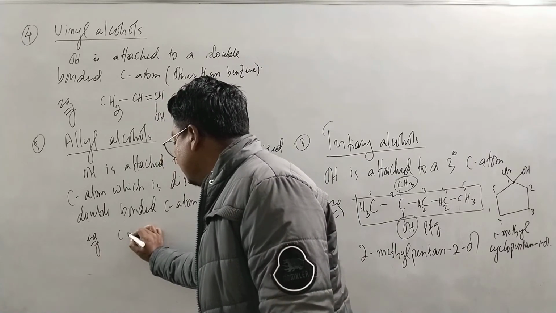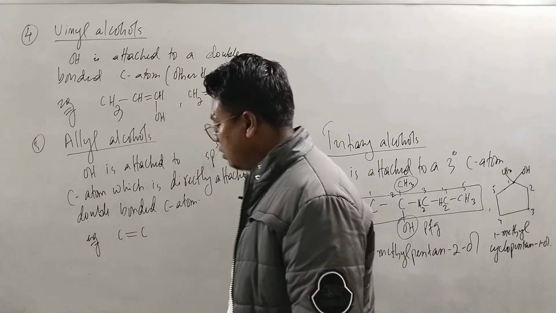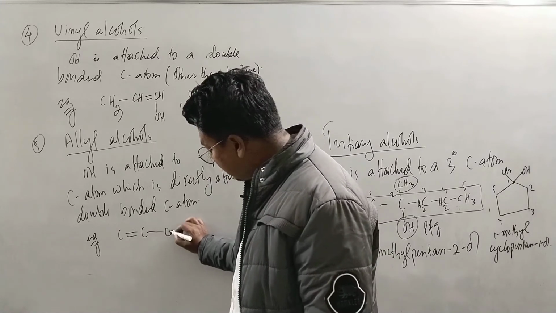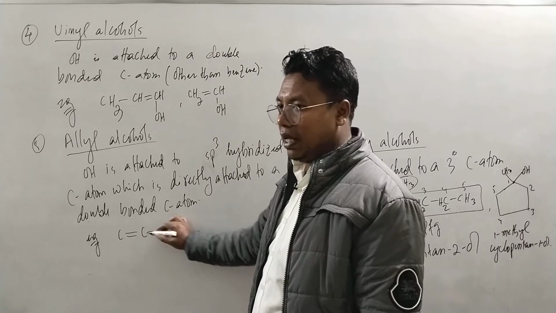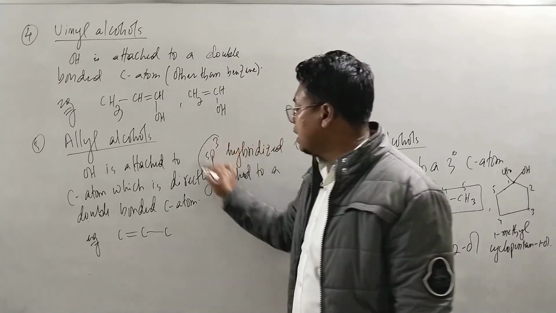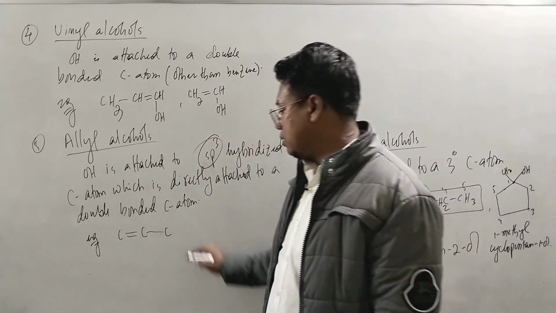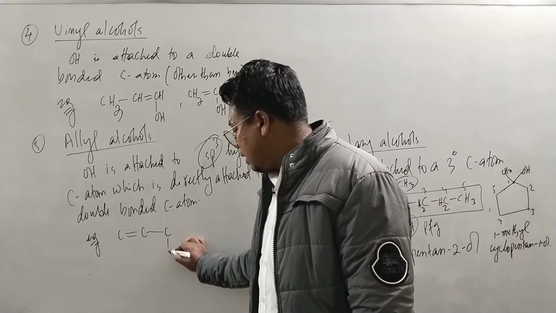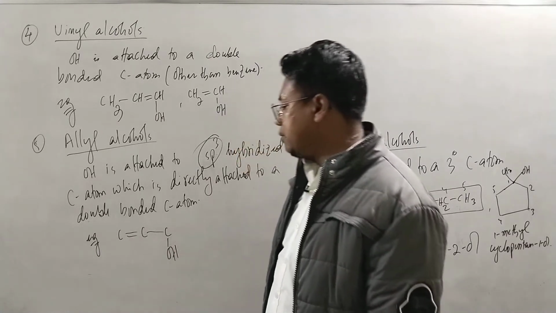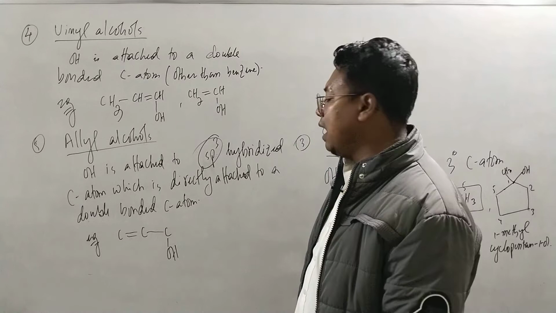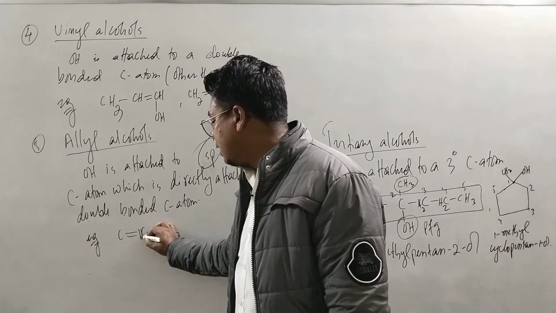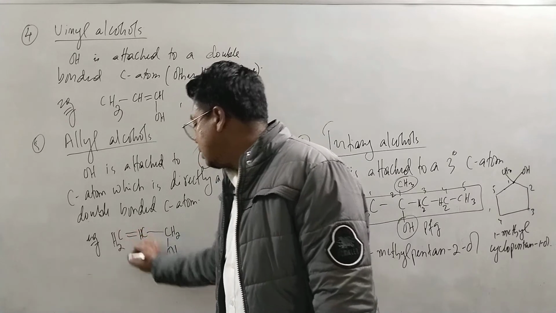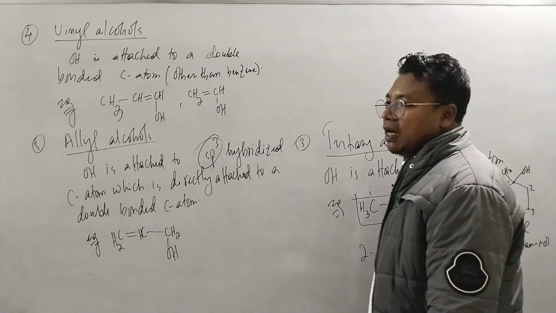This is carbon-carbon double bond, and this is the carbon atom which is directly attached to this double bonded carbon atom, and this must be sp3 hybridized. Then if OH is attached to this carbon atom, then this becomes an allyl alcohol. Complete its valency like this. This is an example of allyl alcohol.